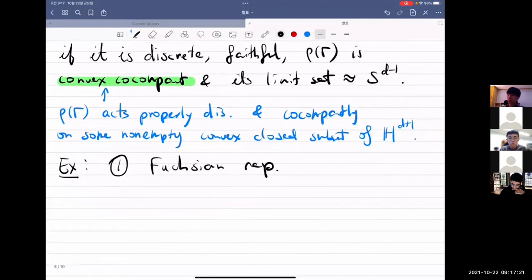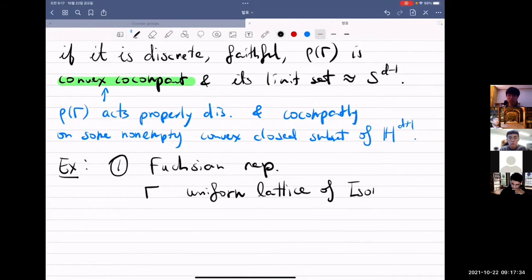What is a Fuchsian representation? I take gamma to be a uniform lattice of the isometry group of hyperbolic d-space. It means simply that gamma acts on hyperbolic space co-compactly.